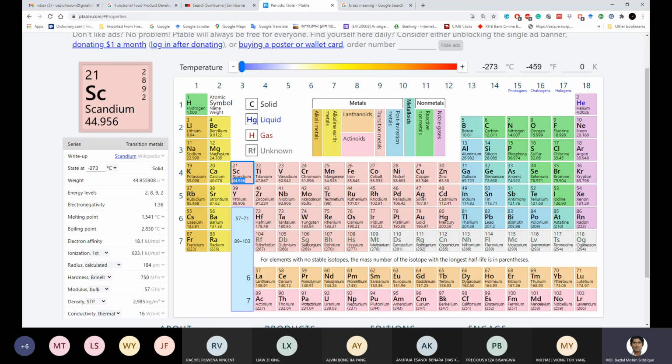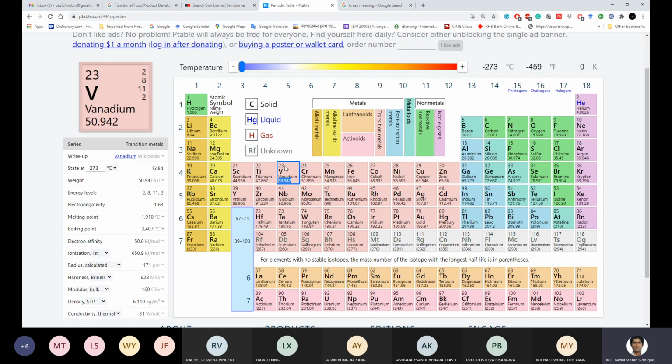As we said, the mass number is protons plus neutrons. The mass of protons plus neutrons combined produces the mass number of an element.